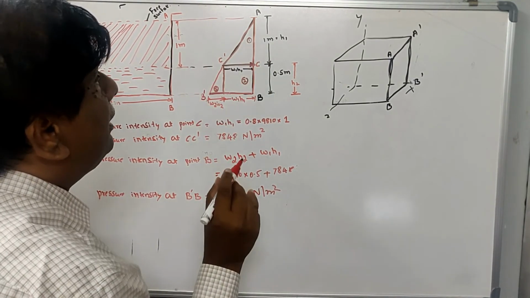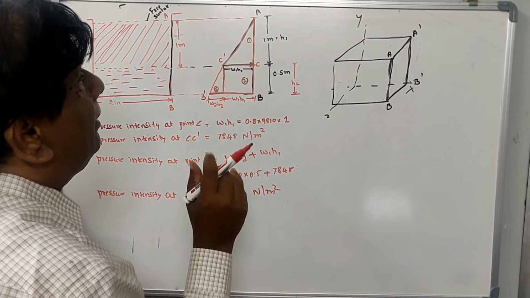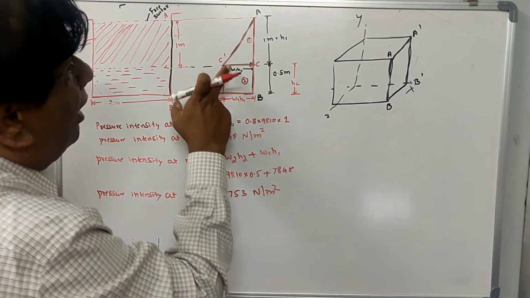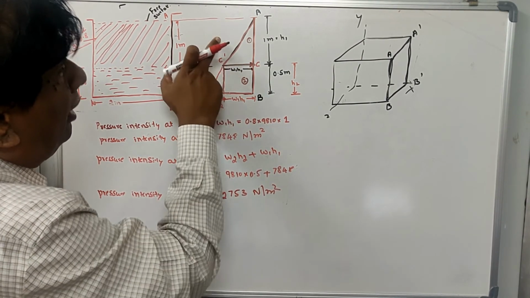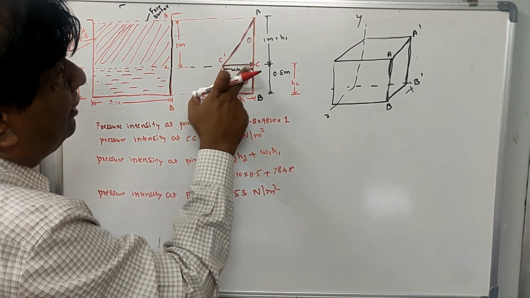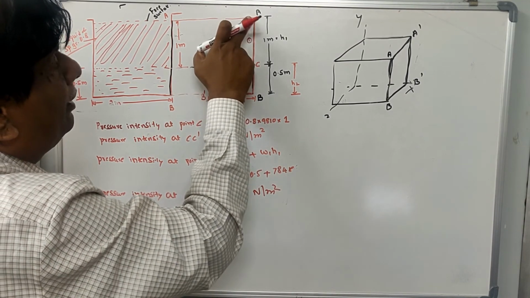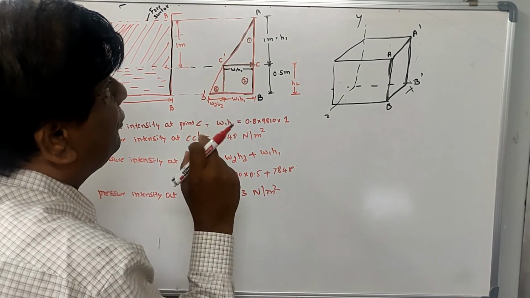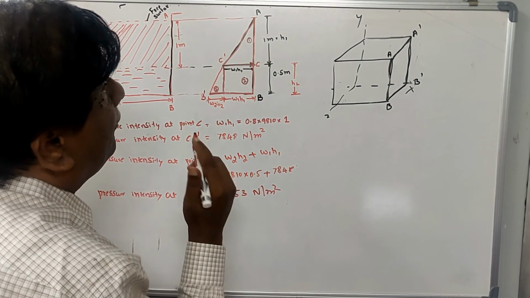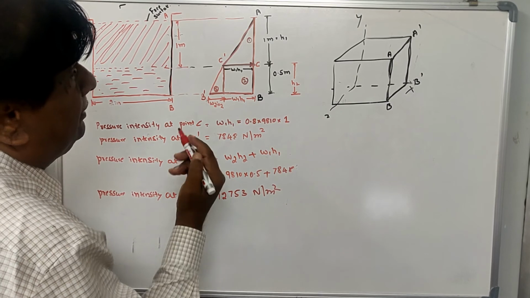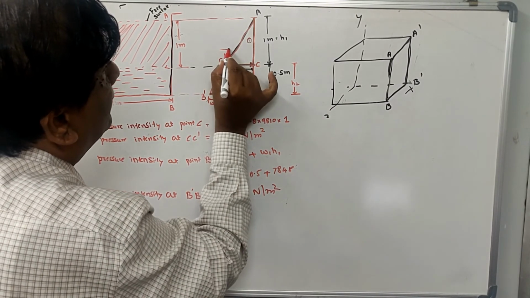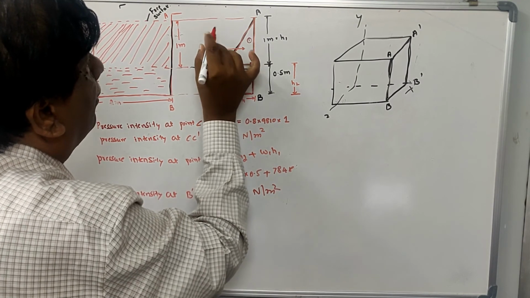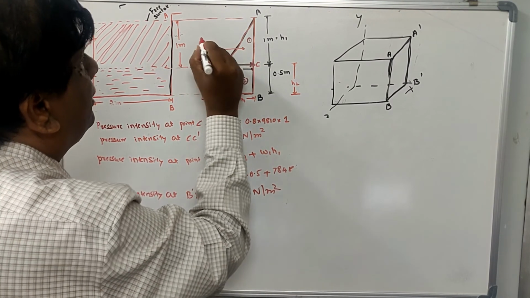Area of this triangle is equal to half W1 H1 multiplied by height H1 multiplied by 1. That gives you the force, which we can call P1, or F1.